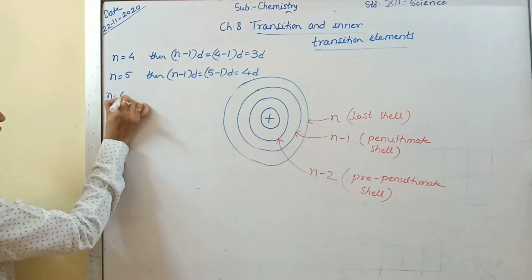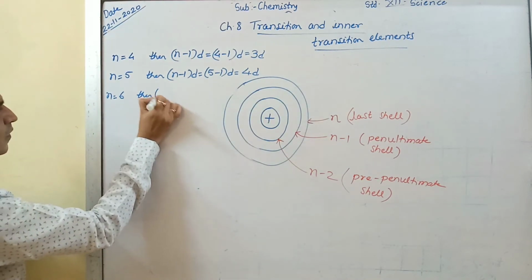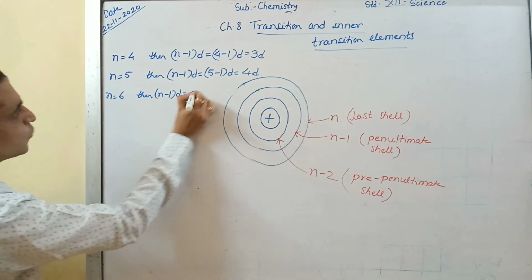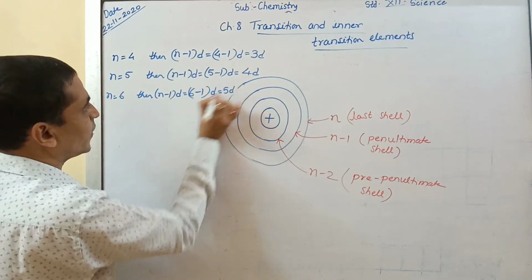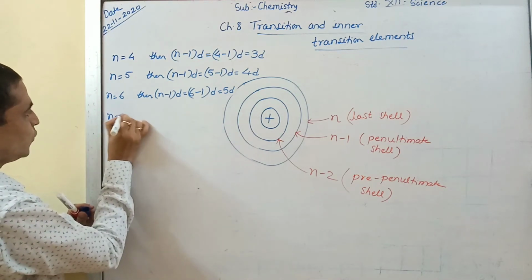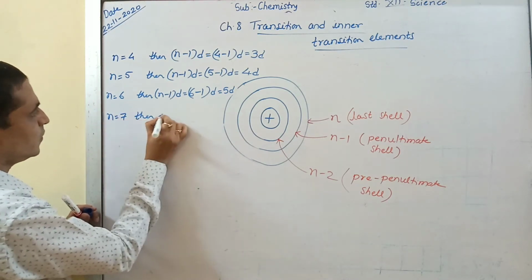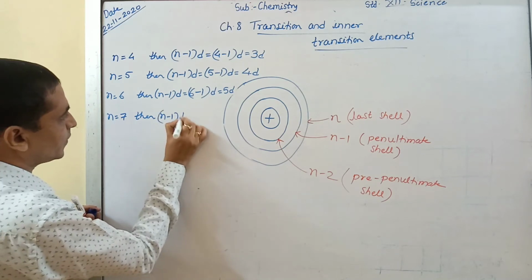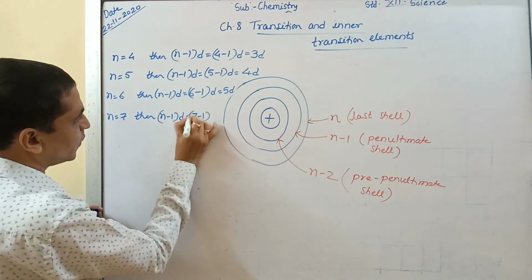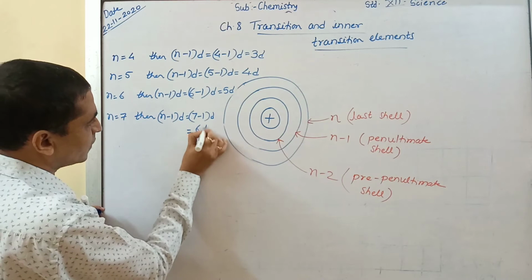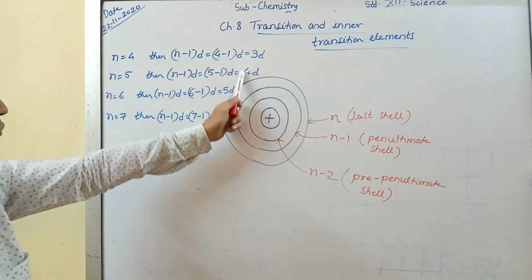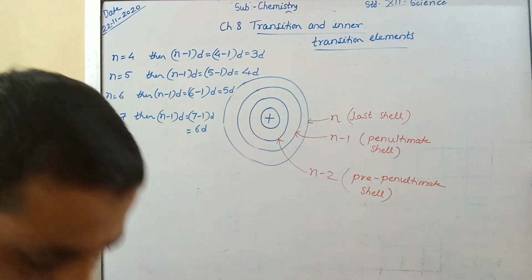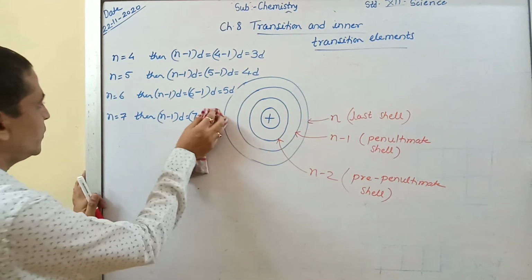For n is equal to 6, n minus 1 d is 6 minus 1 d, that is 5d. And for n is equal to 7, n minus 1 d is 7 minus 1 d is equal to 6d. In a similar manner, you get this type of 3d, 4d, 5d, 6d subshell. Let me rub this.